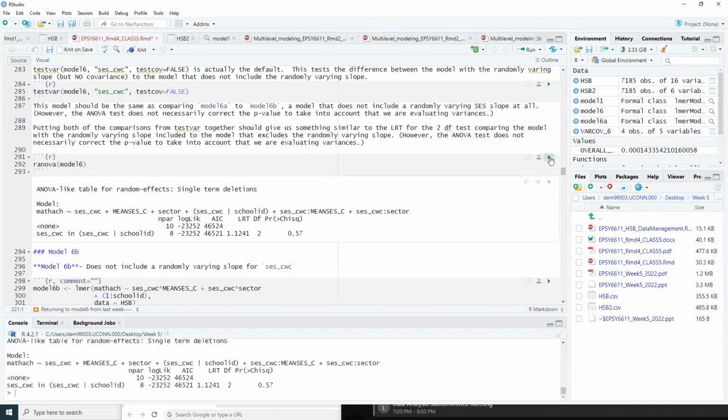When you do this, because I have a randomly varying slope, it is going to eliminate the randomly varying slope. Single term deletion means it's taking out one term, the random effect for the slope, which is one term, but it's actually two parameters because it's two taus.